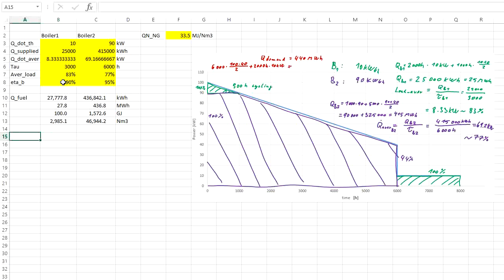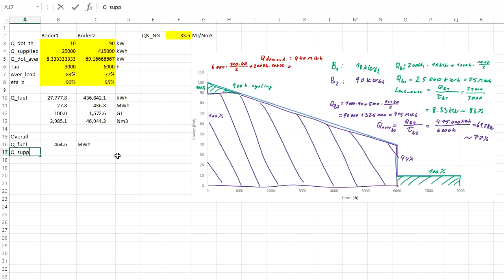So now let's have a look at the overall parameters. So the fuel input in megawatt hours would be just the sum of these two, 464 megawatt hours.